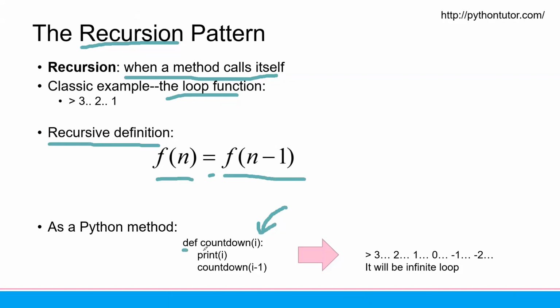We have def, which is a function in Python, and let's say I have the name countdown and one parameter, i. I would like to print i, and then I would like to call the function countdown. So I call the function inside that function. That's what I call a method that calls itself.